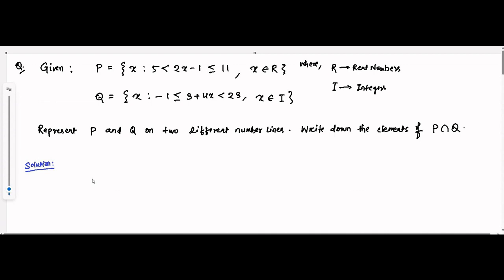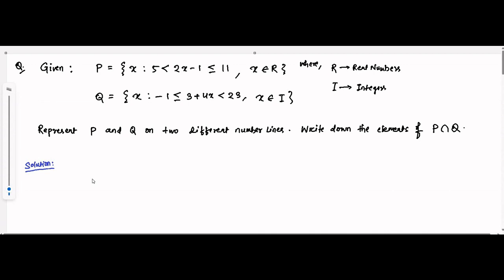The second combined inequation, which is Q, is represented as minus 1 lesser than or equal to 3 plus 4x lesser than 23 with x belonging to integers. R and I represent real numbers or integers.